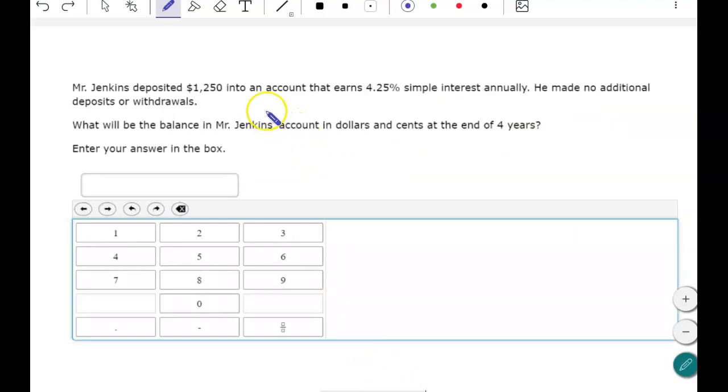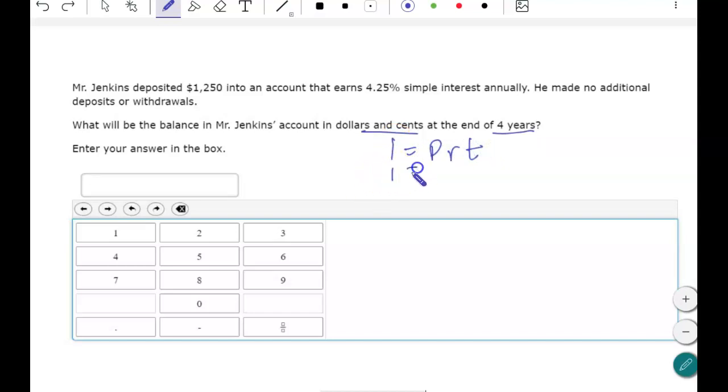Mr. Jenkins deposits $1,250 into an account that earns 4.25% in simple interest annually. He made no additional deposits or withdrawals. What will be the balance in his account in dollars and cents at the end of 4 years? Okay, simple interest is principal times rate times time.